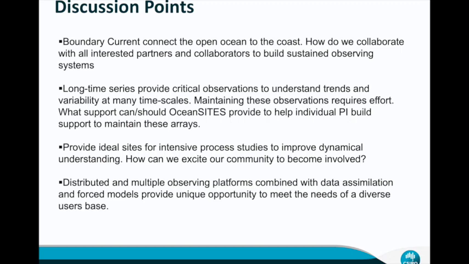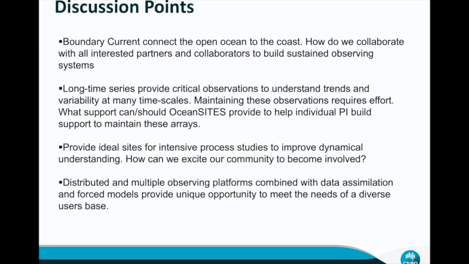And I think we all do that at our national level, but is there a way that Ocean Sites can provide some useful and helpful information to those individual PIs to build support? I think as a community, talking about the ways we build that support, how do we make those connections within our wider use community, can help everyone in thinking about how do we build the arguments for the support and the continued support of these arrays.